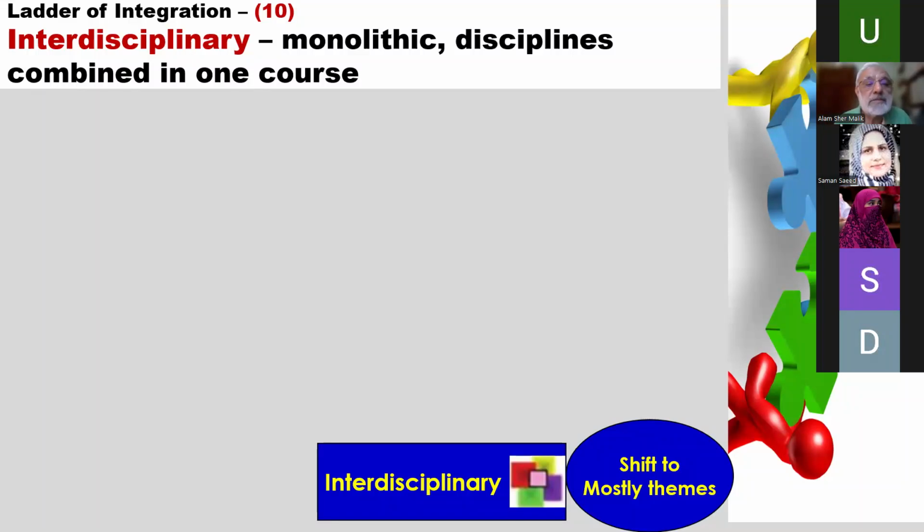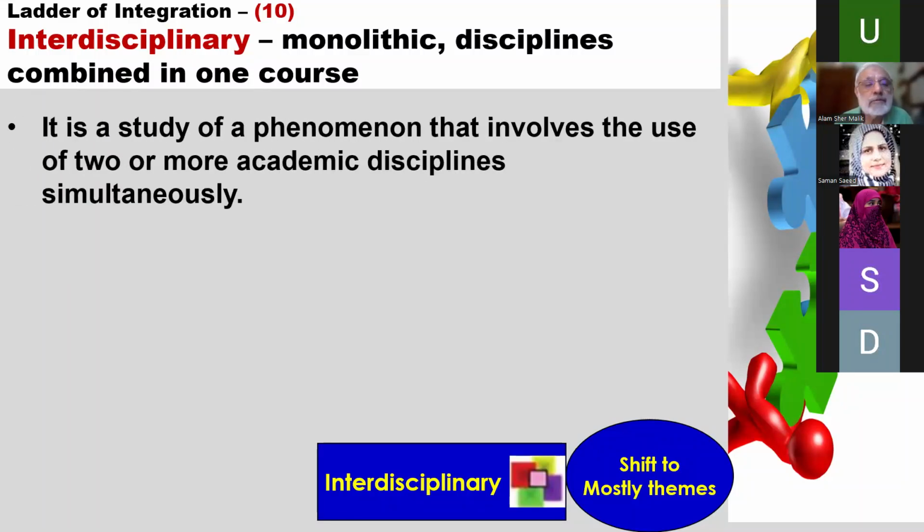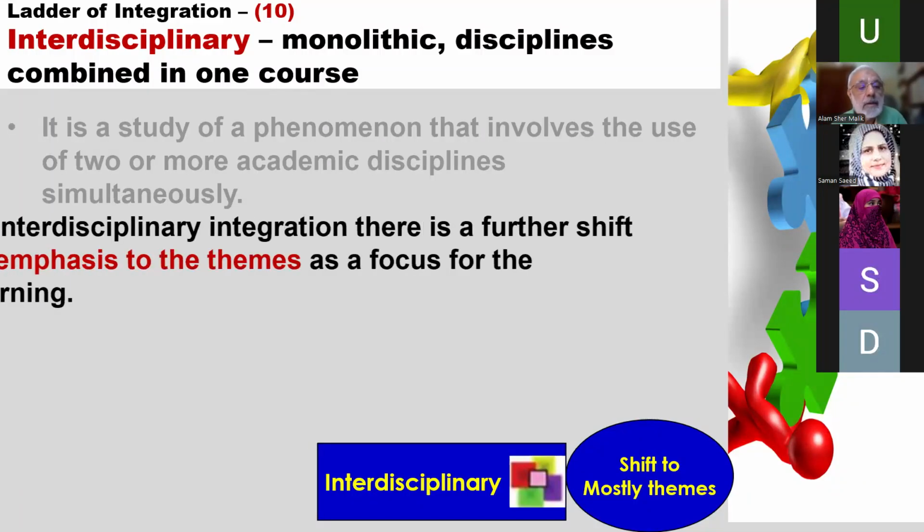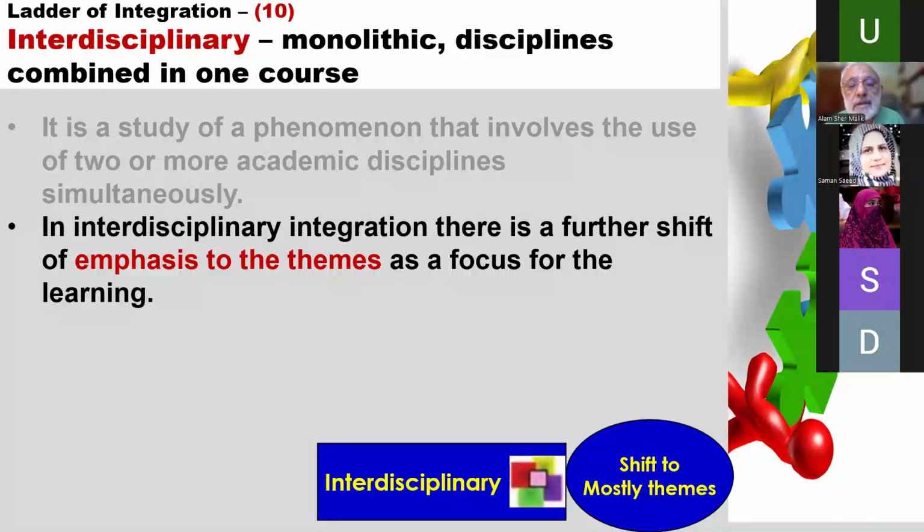It is for phenomena that involve the use of two or more academic disciplines simultaneously. In interdisciplinary integration, there is a further shift of emphasis to the themes as a focus for the learning. Again, the major portion of the curriculum would be based on the themes.